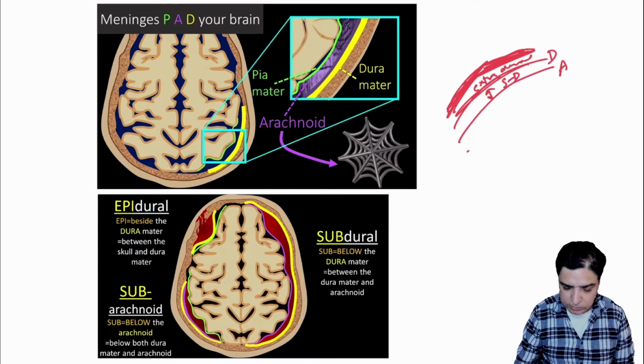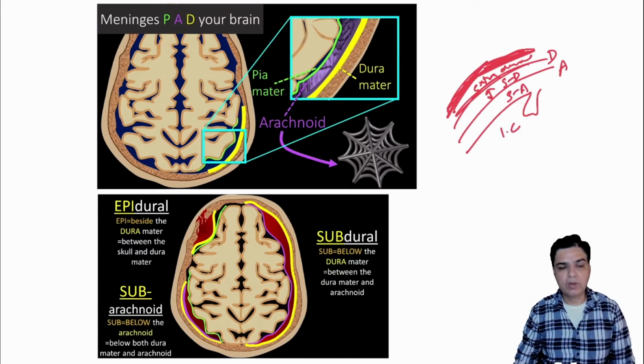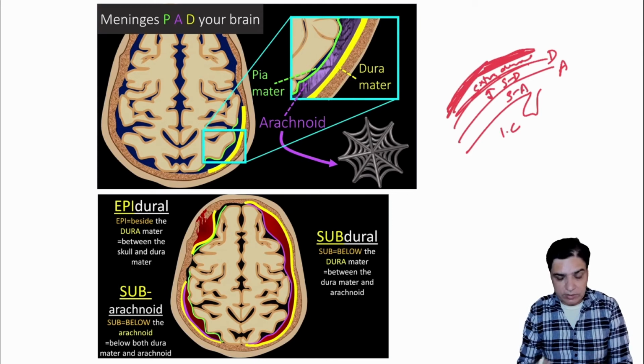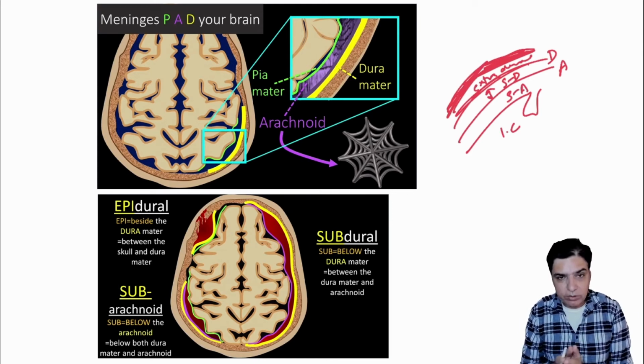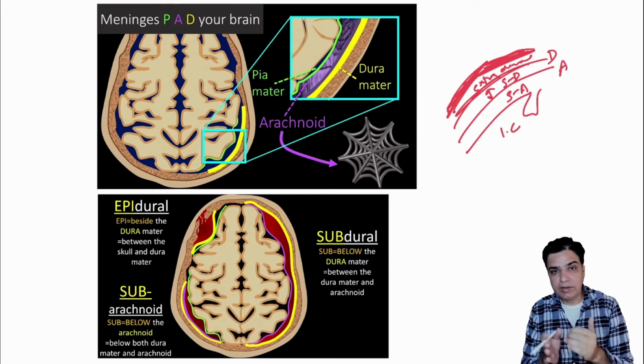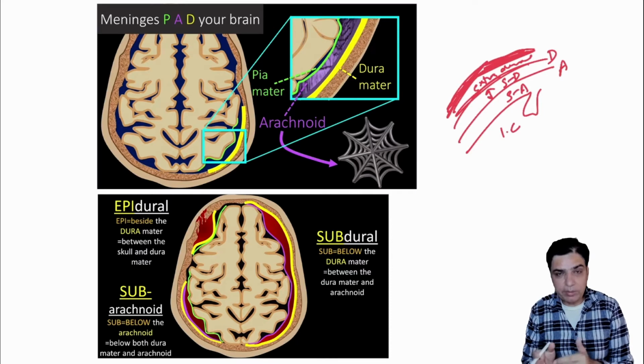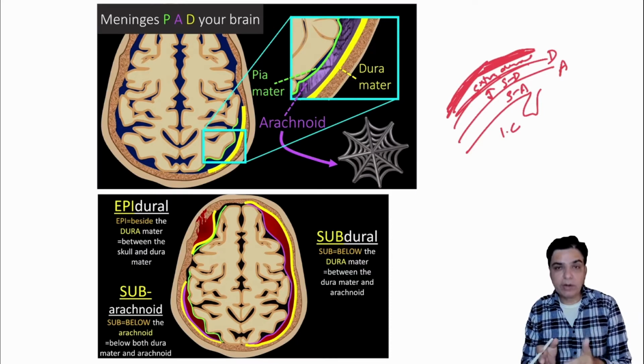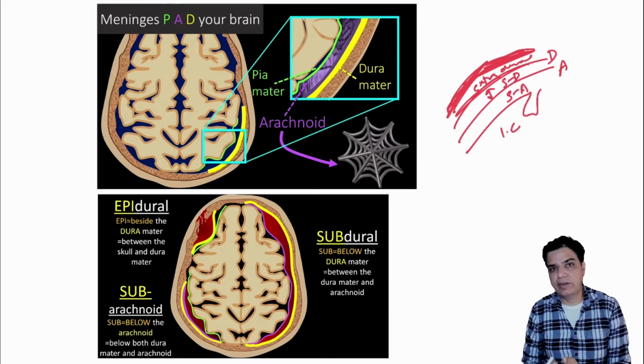Then you've got the space between the arachnoid and the pia mater, which is known as the subarachnoid space, and then you've got the intracranial. So remember, a bleed can happen anywhere in these layers. It can be extradural, where it is between the bone and the dura mater. It can be subdural when it is between the dura and the arachnoid mater. It could be subarachnoid when it's between the arachnoid mater and the pia mater, and it could be intracranial, obviously, when it is inside the brain substance.